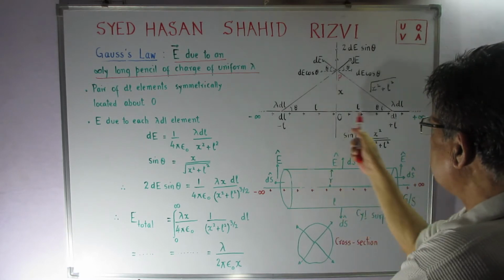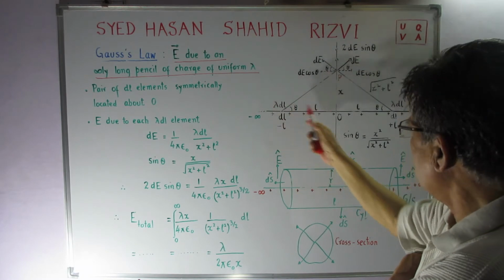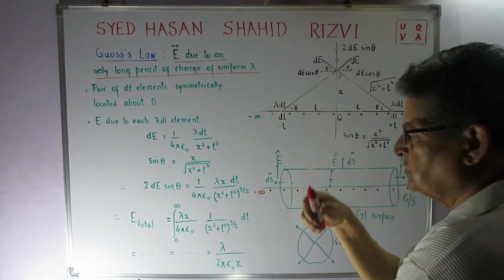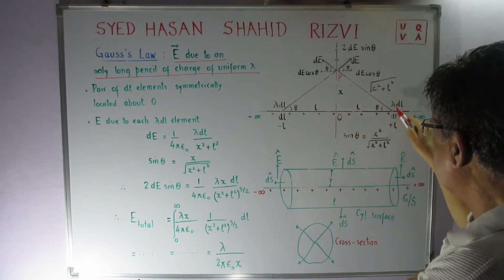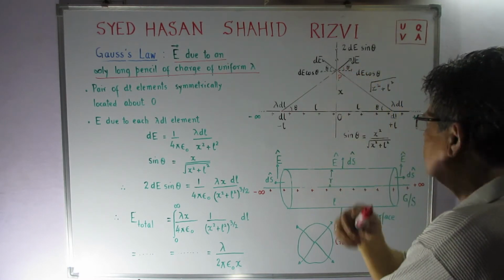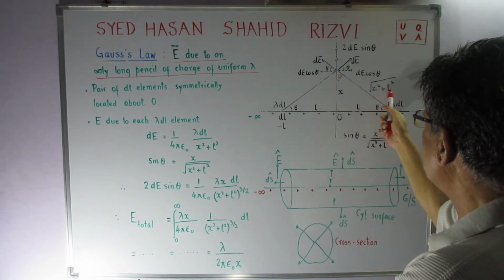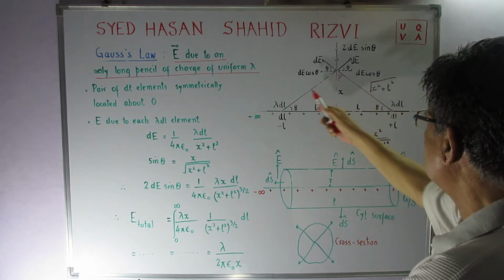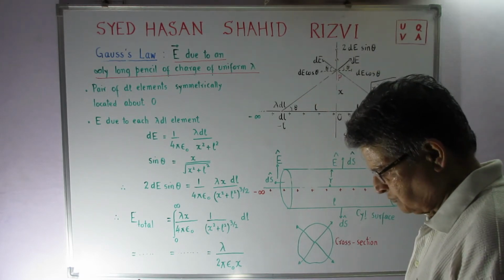These two dl elements are of equal length, so that the charge over there is lambda dl and also lambda dl. The charge is the same. Distance from this point to this point and distance from this point to this point is also the same, and this will turn out to be equal to the square root of L square plus x square, here also and here also. So there is no problem.